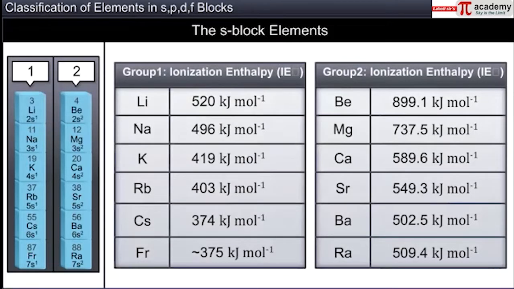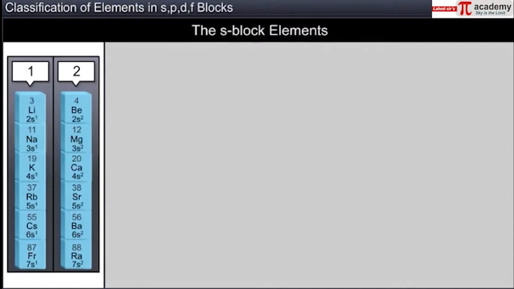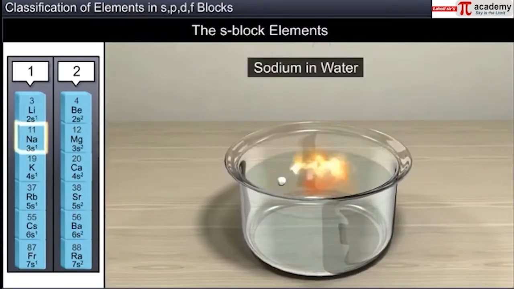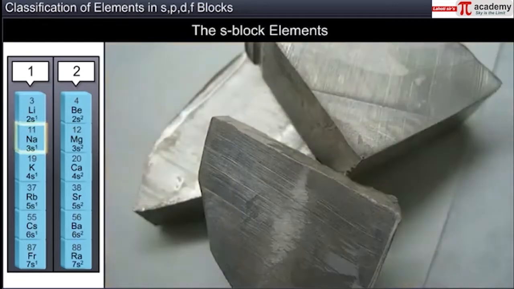Due to low ionization enthalpies, S block elements are highly reactive and therefore are never found in pure form in nature. They always occur in combined form in nature.